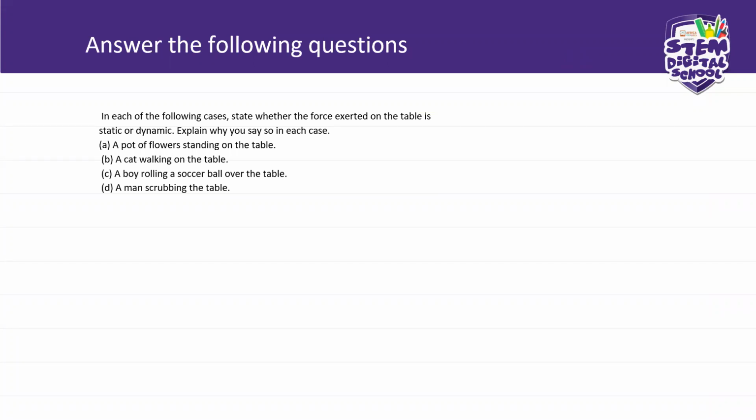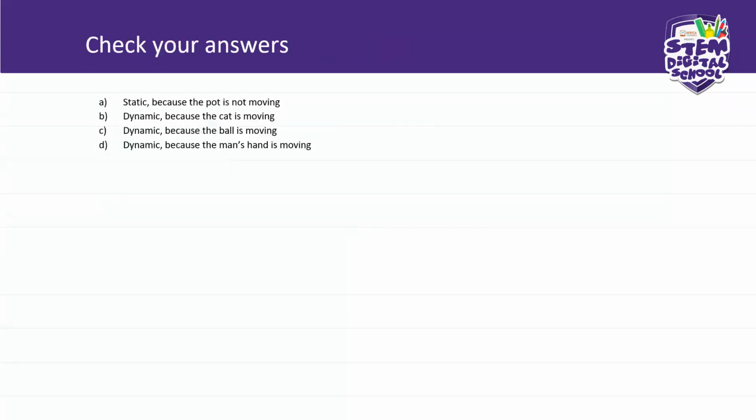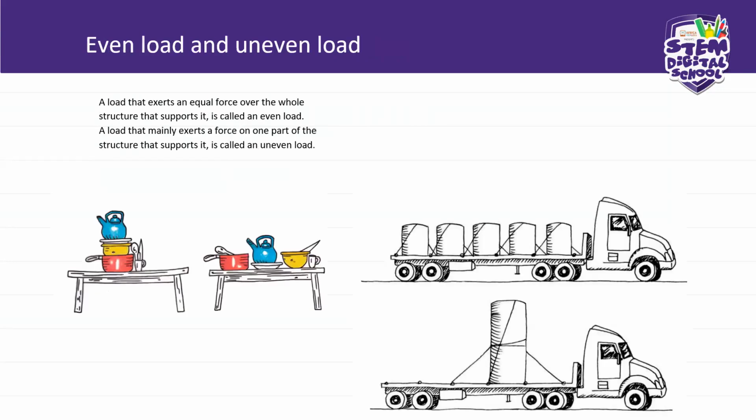The answer for D: D is dynamic because the hand is moving. When you are scrubbing, your hand is moving. Now, I hope you understand the difference between static and dynamic forces. Okay, these are your answers.